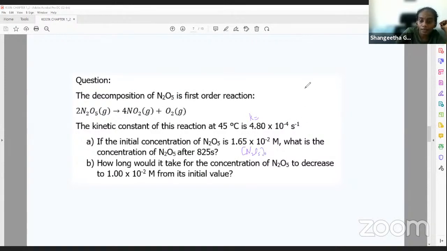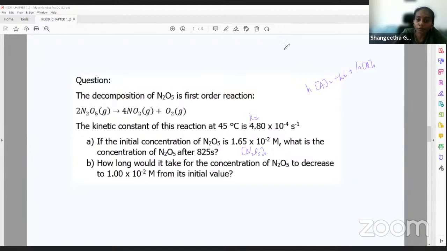Remember your expression: ln A equals negative kt plus ln A naught. Always remember this. They already tell you it is a first order reaction, so you must know how to write out the expression for a first order reaction.